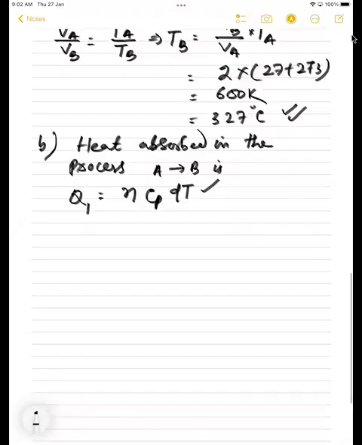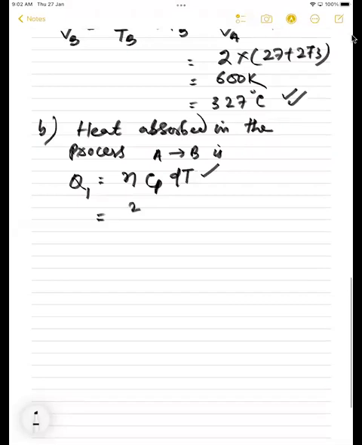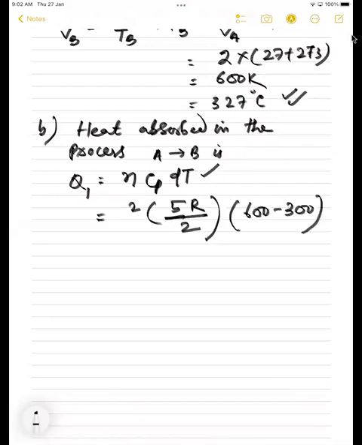That is 2 into Cp, which for monoatomic is 5R by 2, into delta T, 600 final minus 300 initial. That is equal to 1500 R.